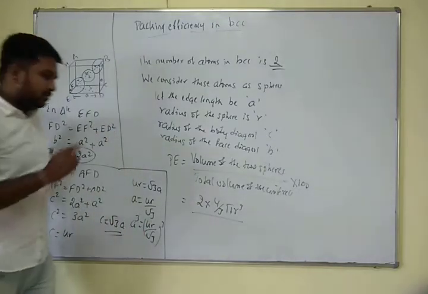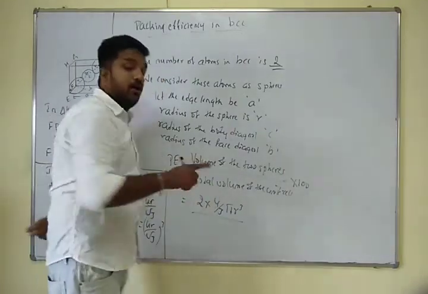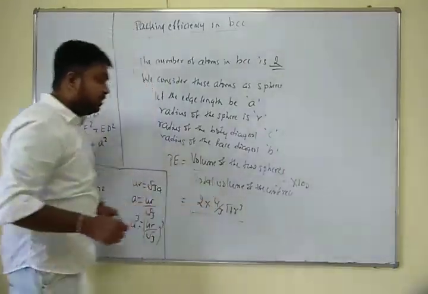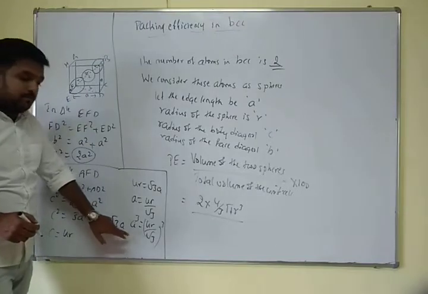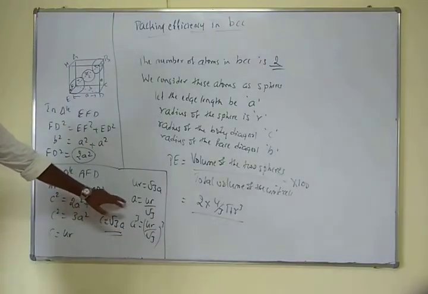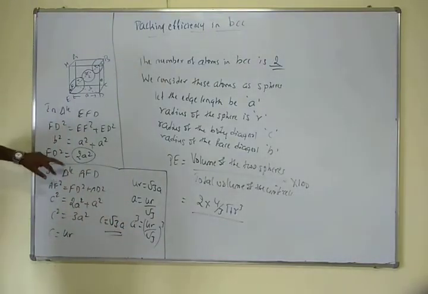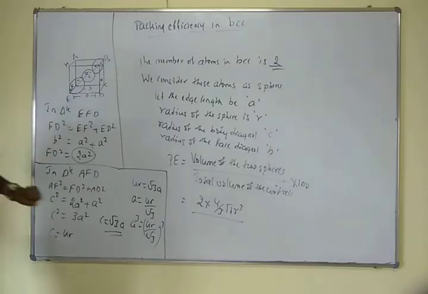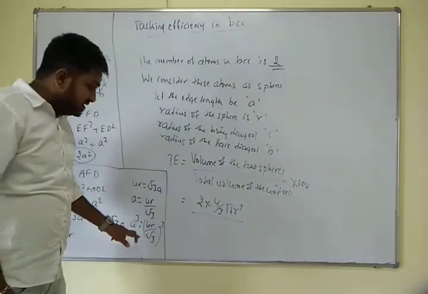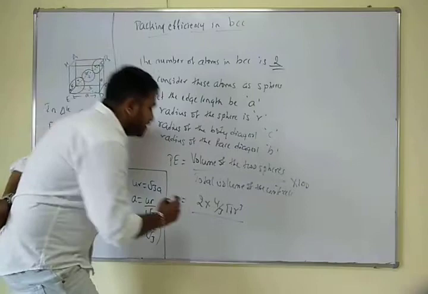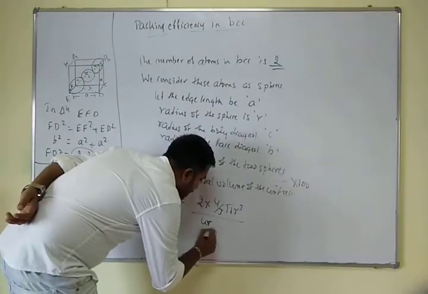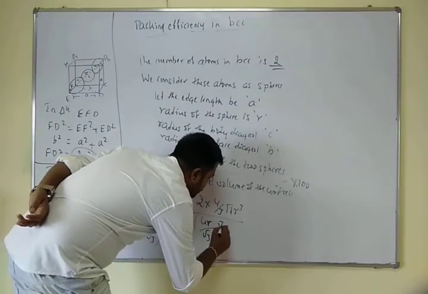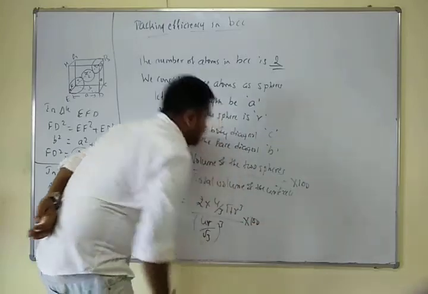Clear? So 2 into 4 by 3 pi r cube is the volume of the spheres, and the total volume of the unit cell is A cube. We have calculated the value of A by using the values obtained from the two triangles. So the total volume of the unit cell is A cube, here (4r by root 3) whole cube, into 100. Clear?